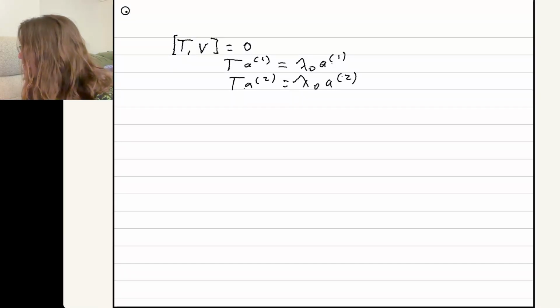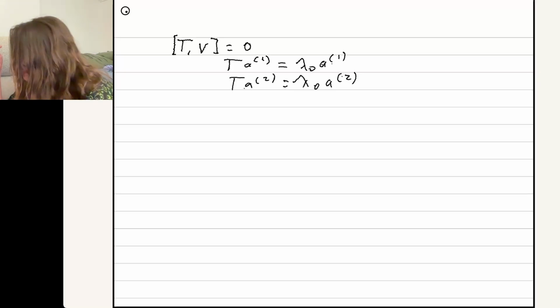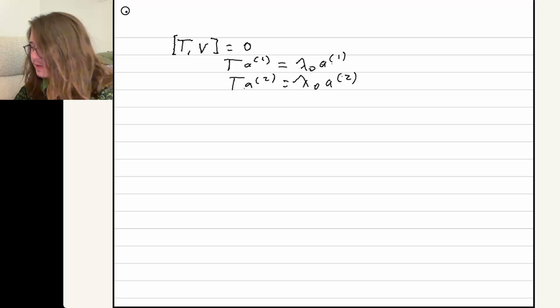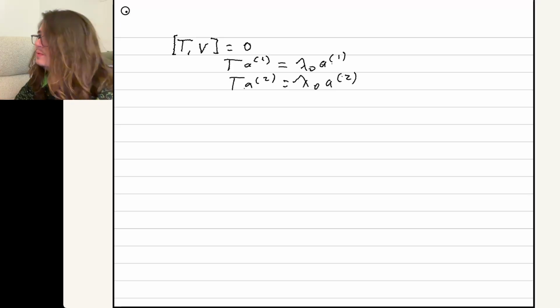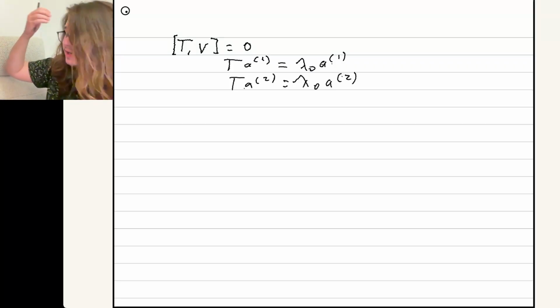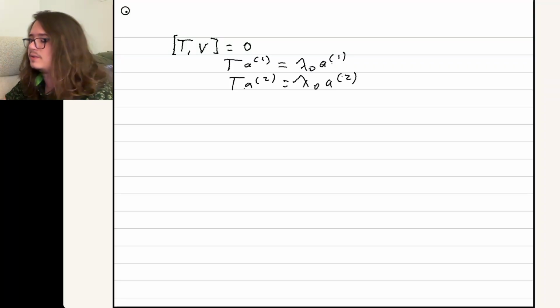But here's the situation. Griffiths is trying to walk us through a proof: given that the A's are a set of eigenvectors for an operator T, and if V commutes with said operator, then some combinations of vectors are actually eigenvectors of both.